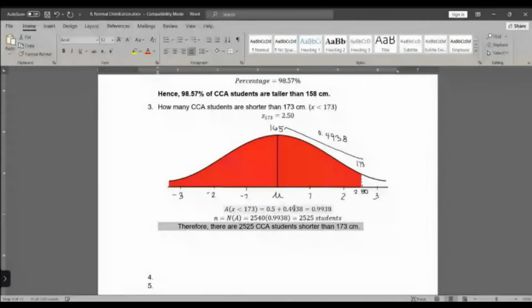Okay. So out of 2,540, no? 2,525 of them are shorter than 173 centimeters. And the remaining are taller, of course, than 173 centimeters. Okay, screenshot. That is your example number 3. And we're done with case number 1 and case number 2.